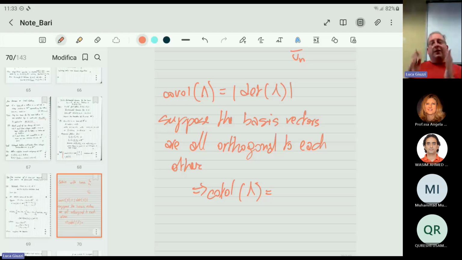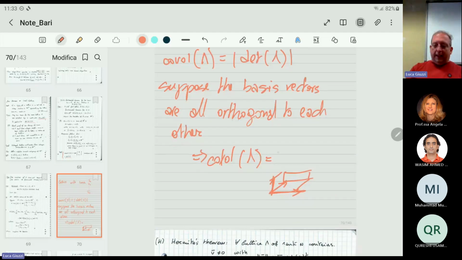So if we have something like a prism, the volume will be the length of this vector times the length of this vector times the length of this vector, and so on. So in this case, it's just norm of v1 times norm of v2, and so on.